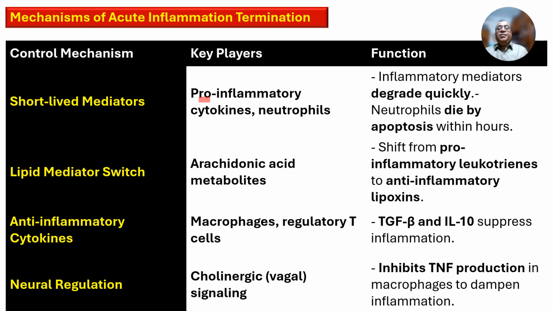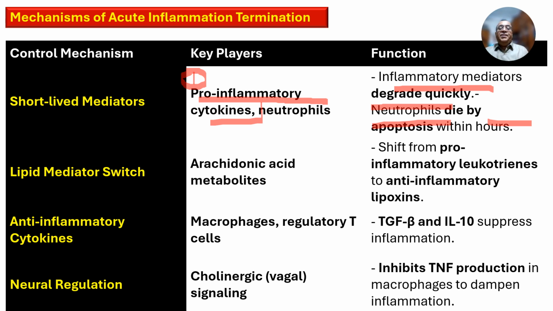We know that key players of the inflammation are pro-inflammatory cytokines that are liberated from the neutrophil, but they are released in bursts and they have got short half-life, so they degrade quickly, and neutrophils die by apoptosis within hours. So this is the first mechanism for the termination of the acute inflammation.